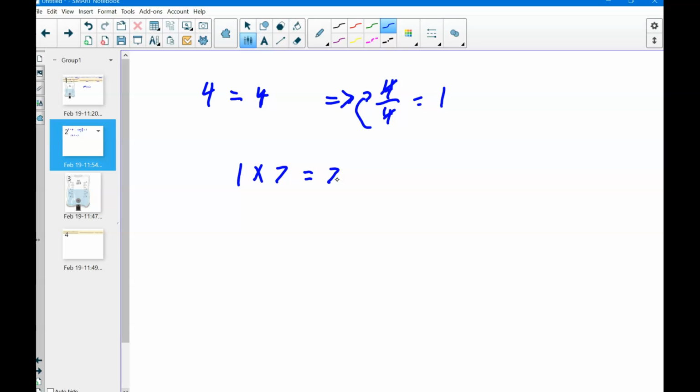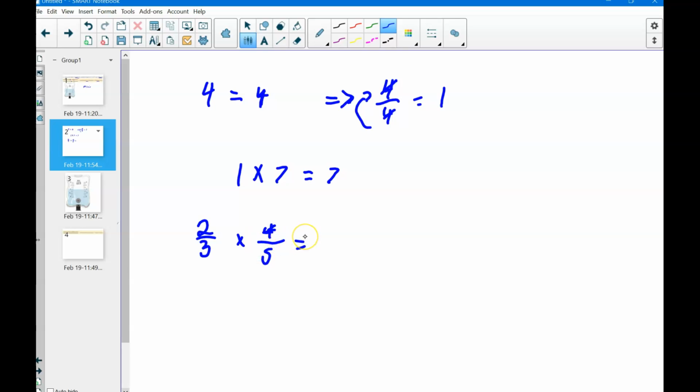The next thing is that in fractions, people think this is really hard, but it's not so bad. 2 over 3 multiplied by 4 over 5.